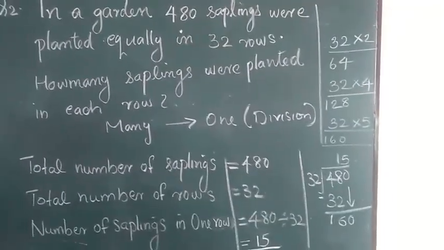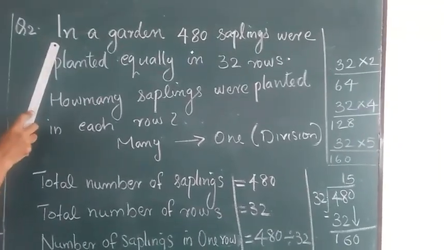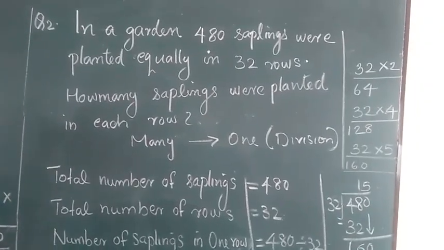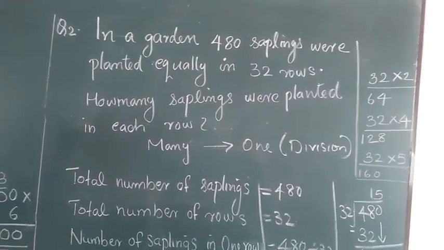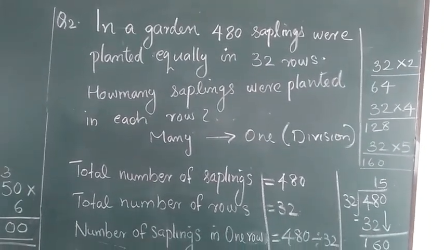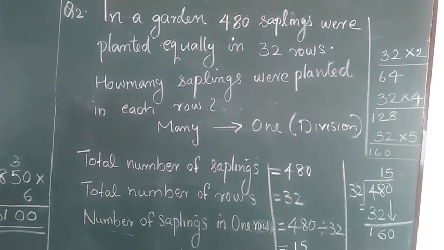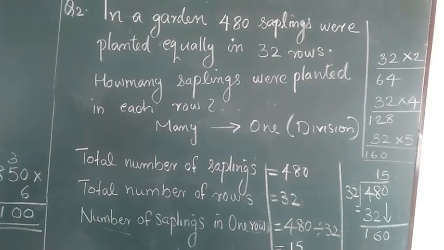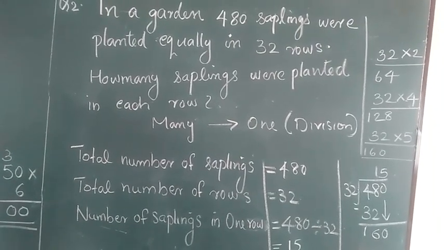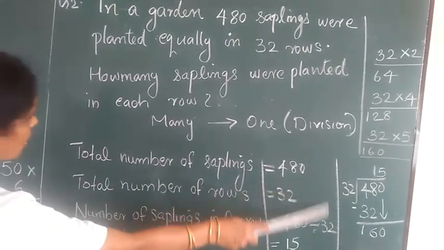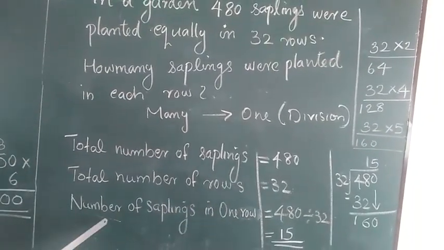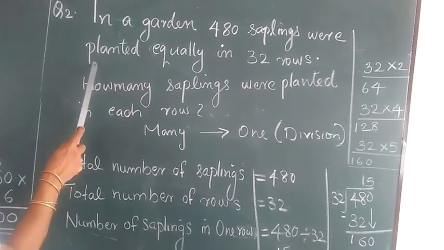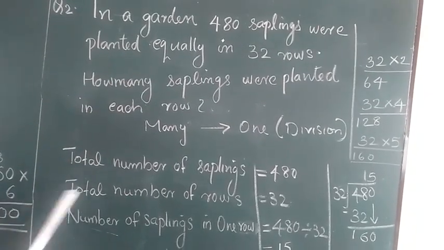Again, we will think of the steps. First sentence: in a garden, 480 saplings were planted equally in 32 rows. So how many saplings were there? 480. So first step, total number of saplings, 480. First, you draw the columns like this. Next step, again we will check the question.